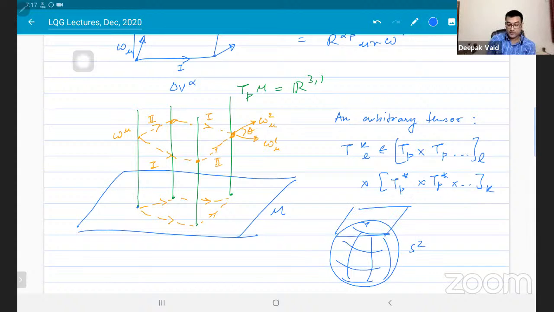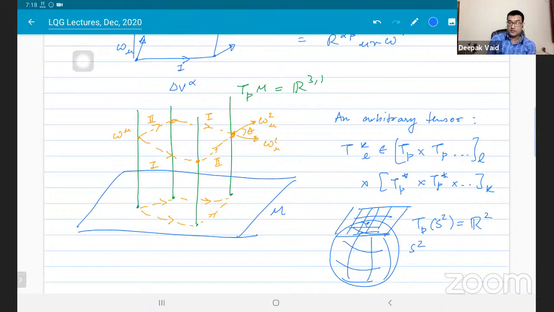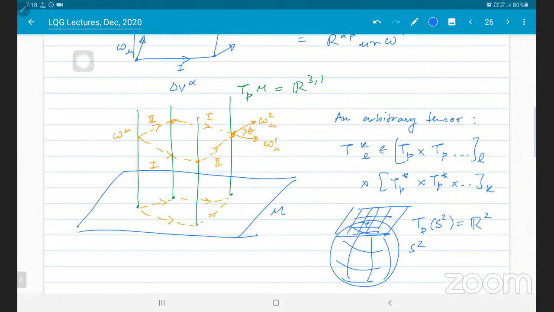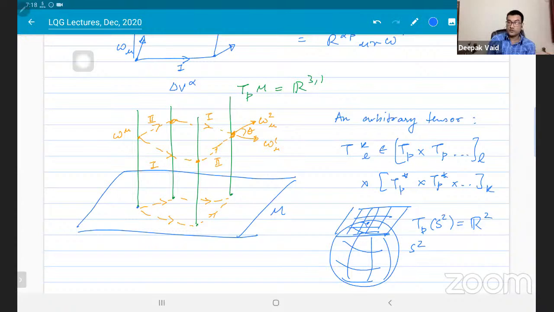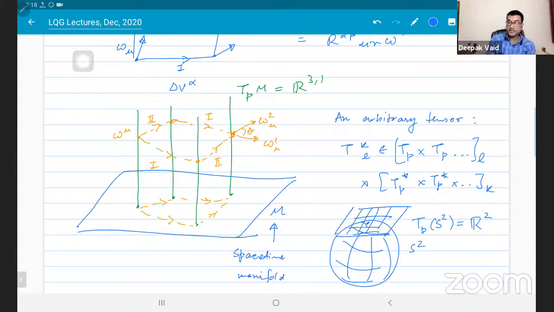And what is that tangent plane? It's R^2, right? I see. Okay. So what is M here? M is our space-time manifold. Oh, so the tangent plane is a locally flat space. Right. I mean, that is what a tangent space is, right?